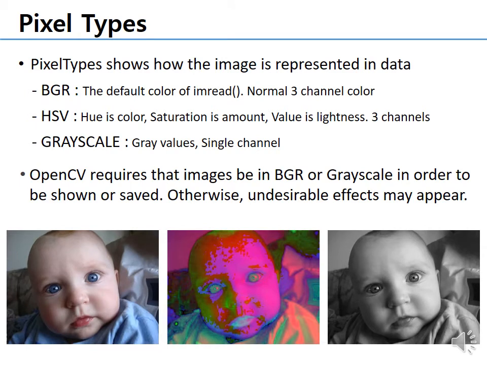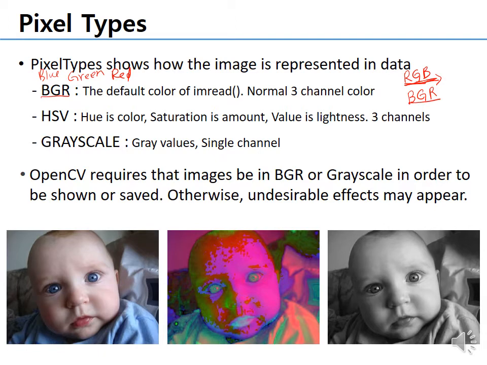The pixel types show how the image is represented in data. So BGR, that is blue, green, red. OpenCV uses BGR pixel types. Ordinarily we usually use RGB, red, green, blue, in this order, but in OpenCV we use BGR.